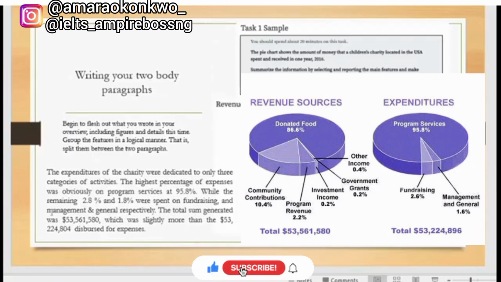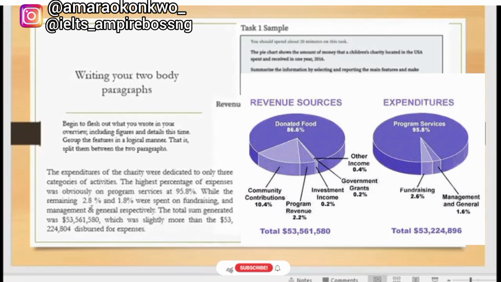The total sum generated, we left this out in the overview because these figures, we can clearly not mention them there, you understand, in the overview. Remember, your overview should not contain any detail or any figure. So now we can then give the details here.